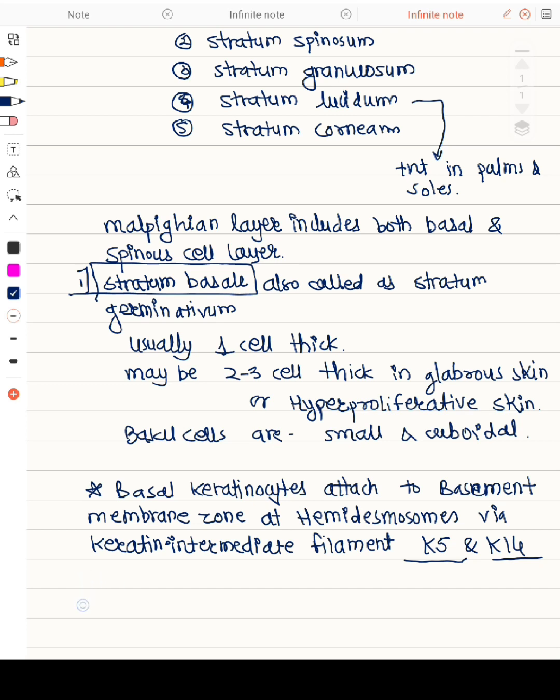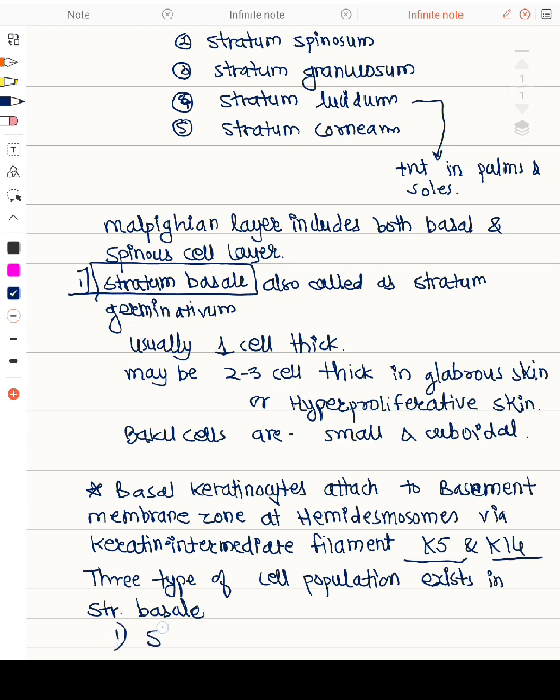There are 3 types of populations present in the stratum basale. One, stem cell, which has enormous capacity to divide. Second, transient amplifying cell, which has limited capacity to divide.